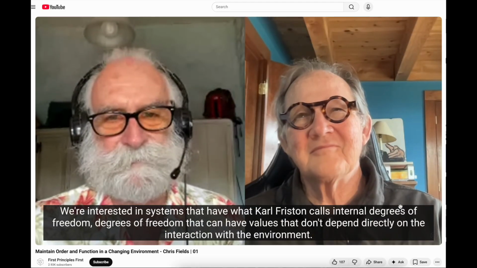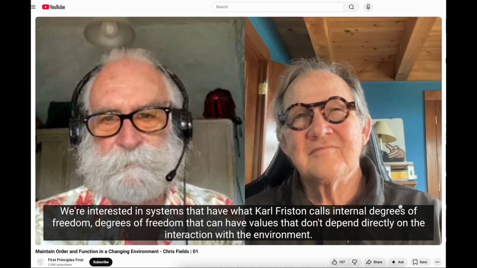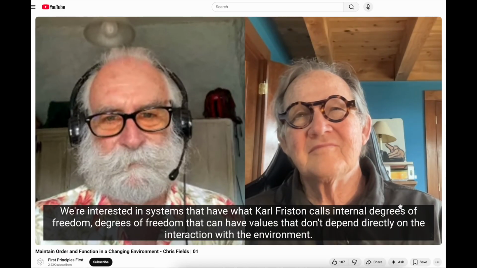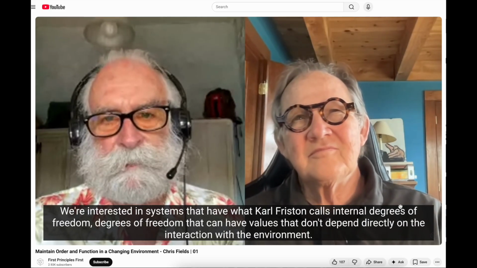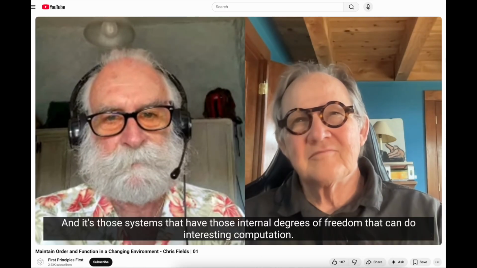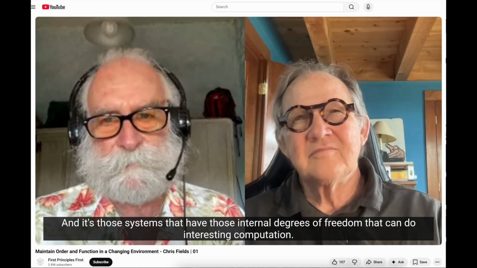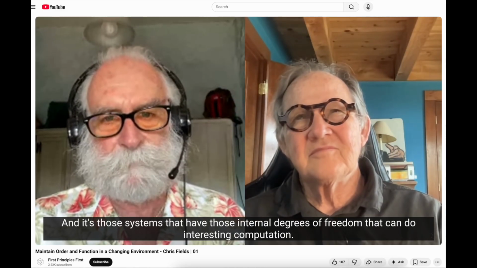We're interested in systems that have what Carl Friston calls internal degrees of freedom that can have values that don't depend directly on the interaction with the environment. And it's those systems that have those internal degrees of freedom that can do interesting computation.